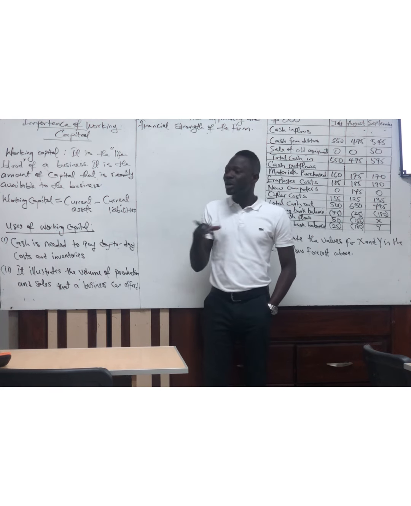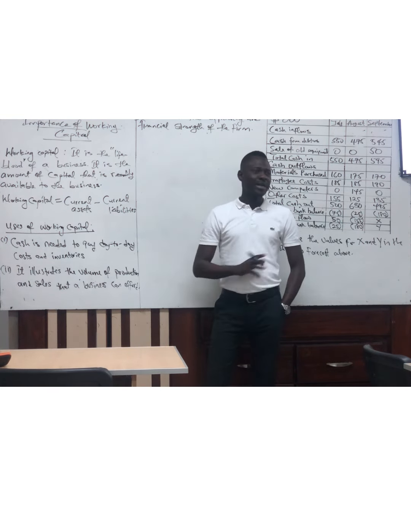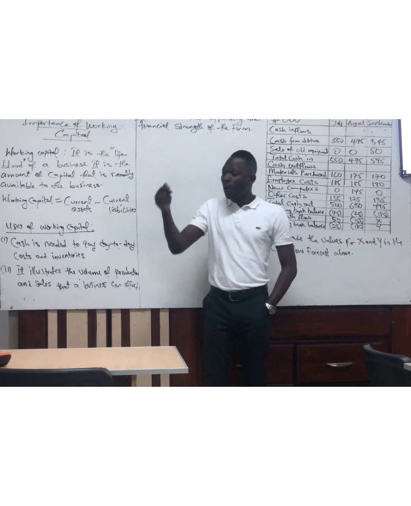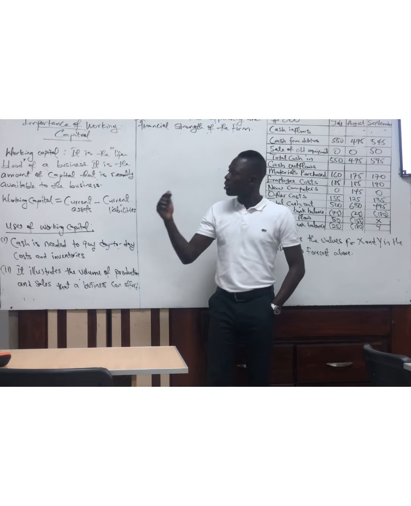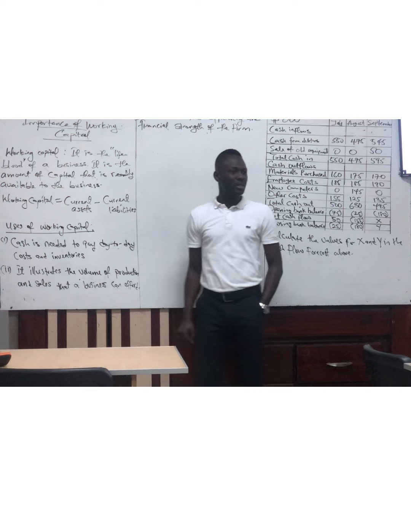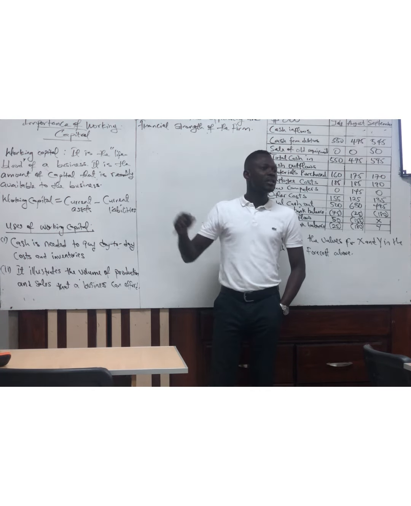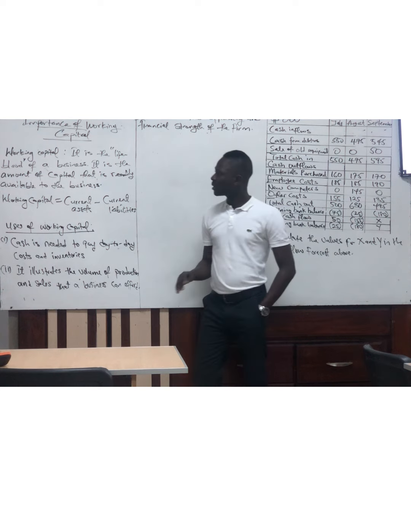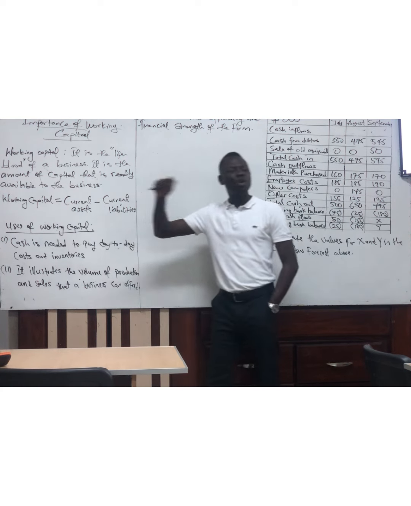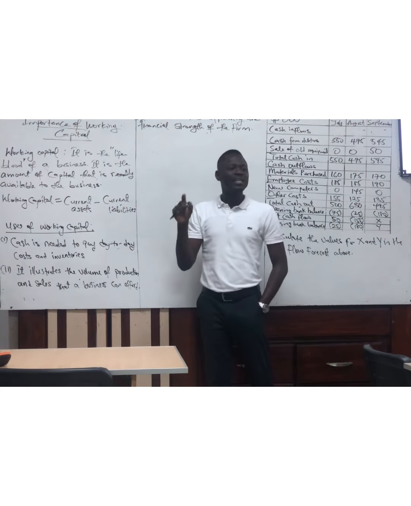So a business without working capital cannot operate. Your cost of operations will come through what? The working capital. Do we understand? Yes. The formula for working capital is your current assets minus your current liabilities.